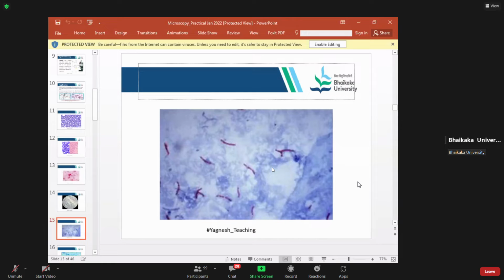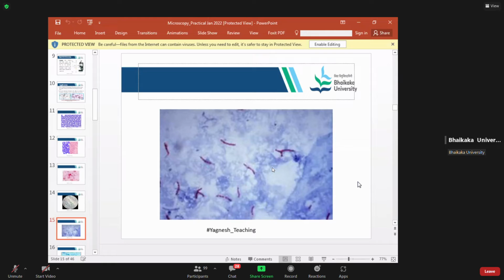When we use the word differentiating technique, it means two types of cells are differentiated by using two types of dye.